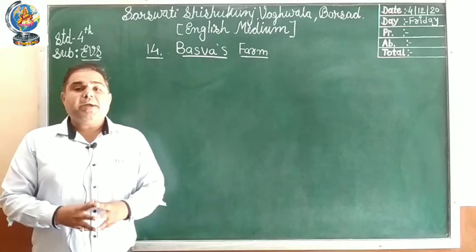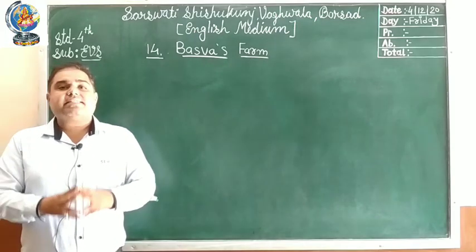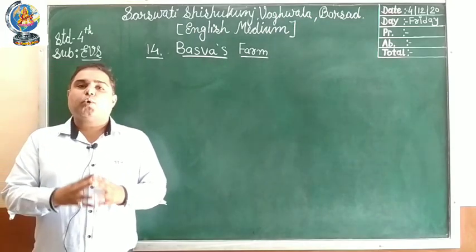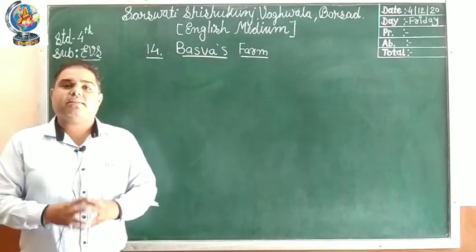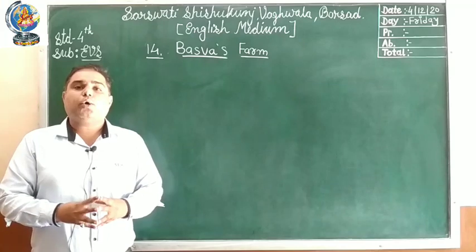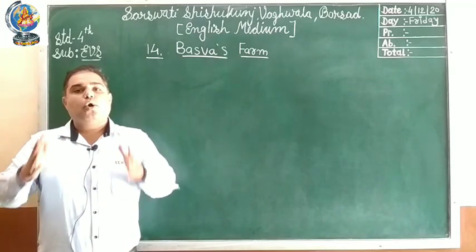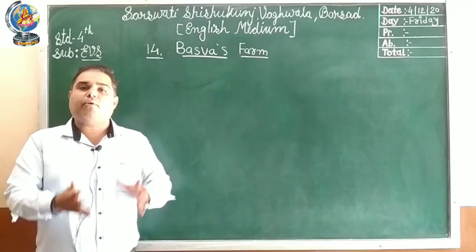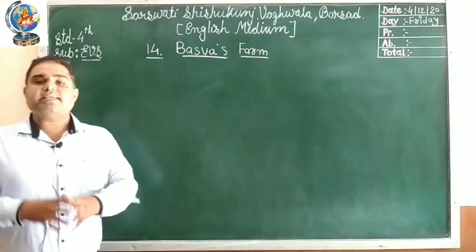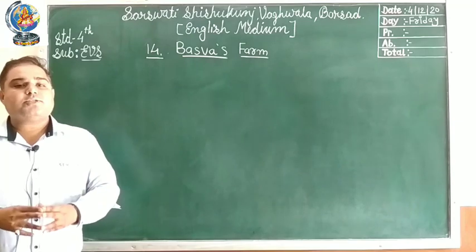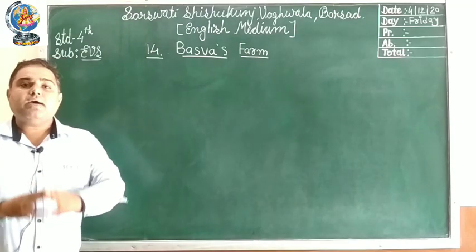There is so much to be done at this time. When you want to grow any crops, like in this chapter they are growing onion crops, they have to do lots of preparation before growing them. Students, to help his father, Basva also got into the field.